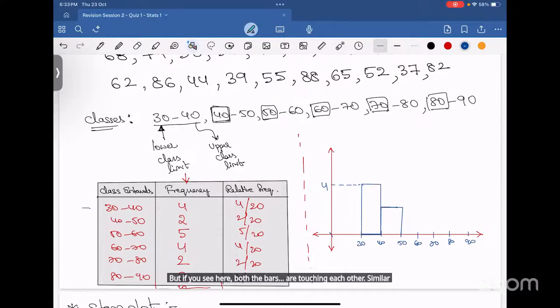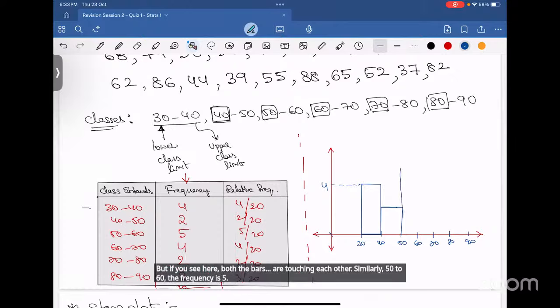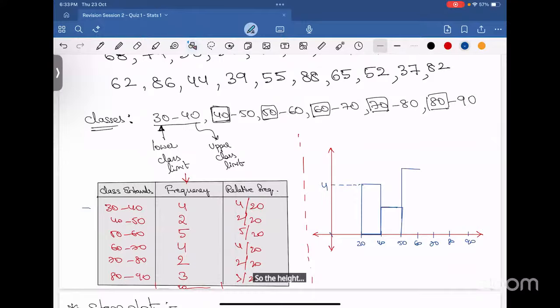Similarly, 50 to 60, the frequency is 5. So the height of this bar on the histogram will be 5. Similarly, 60 to 70, it is 4. 70 to 80, it is 2 again. 80 to 90, it is 3.